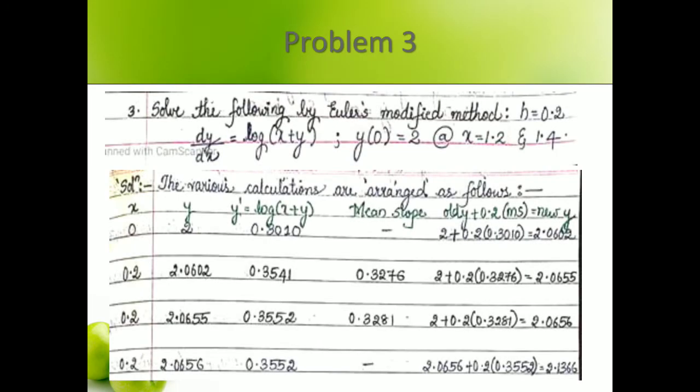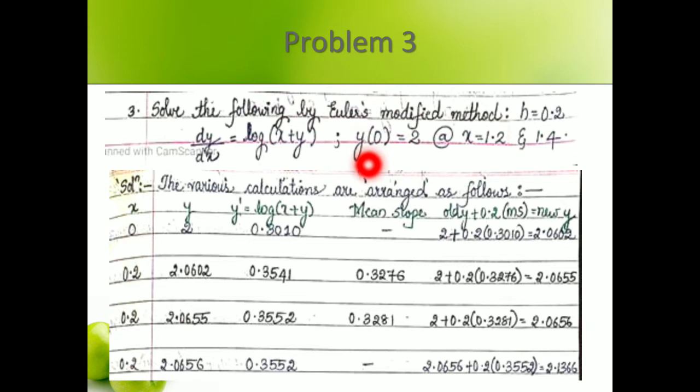So we'll go to one more problem. Problem number 3. The calculation remains the same, only your y dash values are going to change. You will have a different expression. Now we'll be seeing log x plus y. Solve the following by Euler's modified method. For h equal to 0.2, dy by dx is equal to log of x plus y.